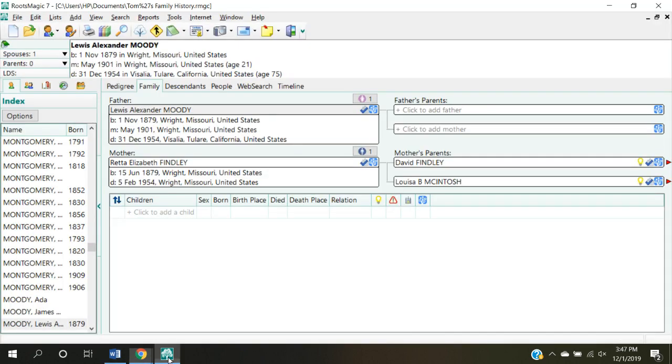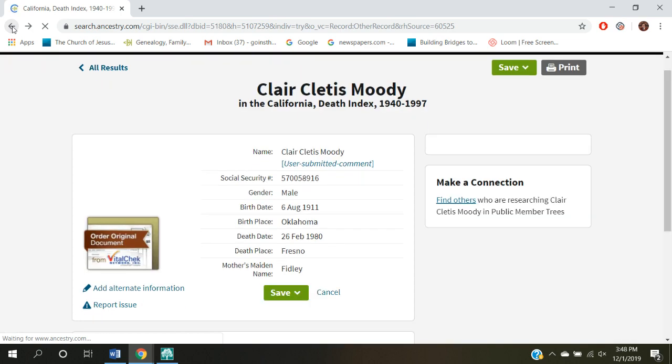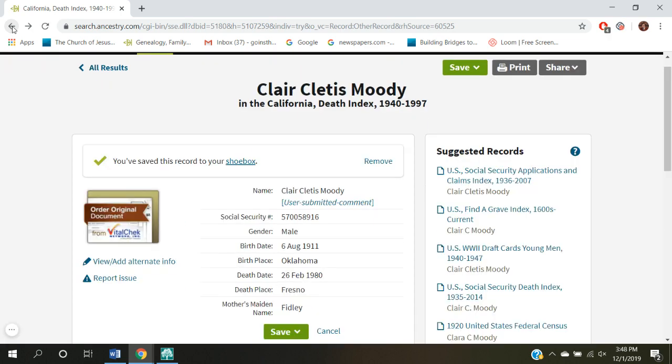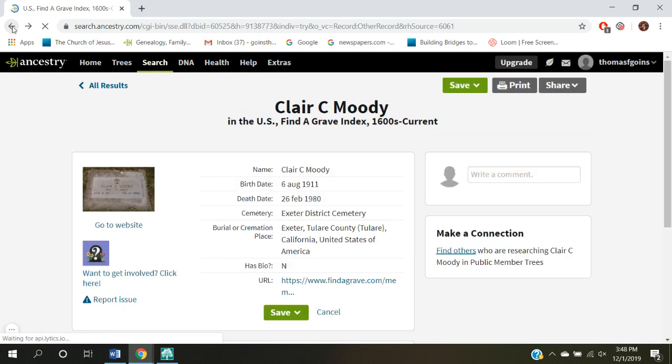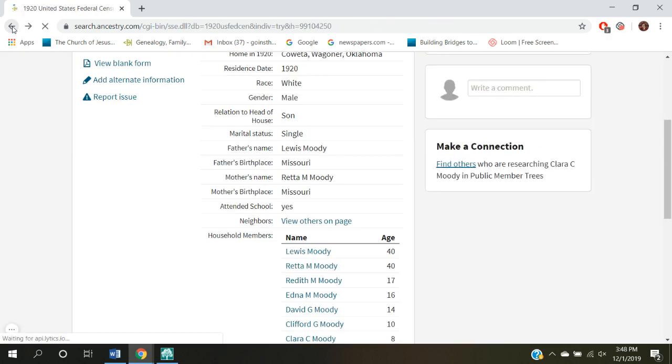So now I'm going to go to Roots Magic, and I see that all the children so far that we have on this Ancestry.com family tree are correct. Now I want to go back to the last child that they have.